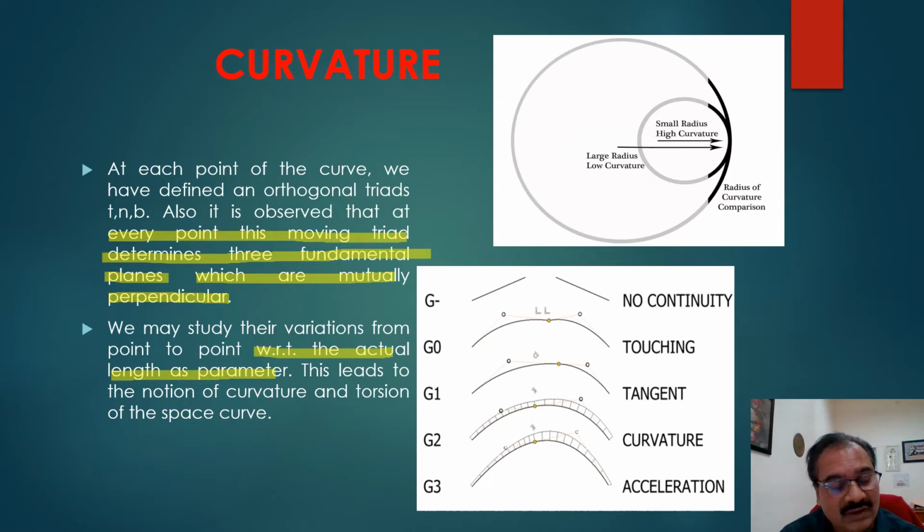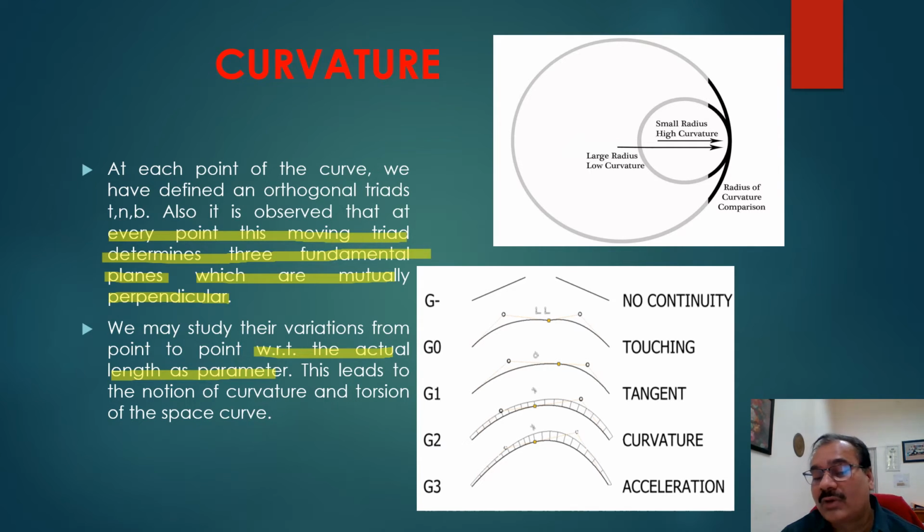This leads to the notion of curvature and torsion of the space curve. So first of all, we will discuss the curvature. If the radius is small, there is high curvature. Large radius, low curvature.